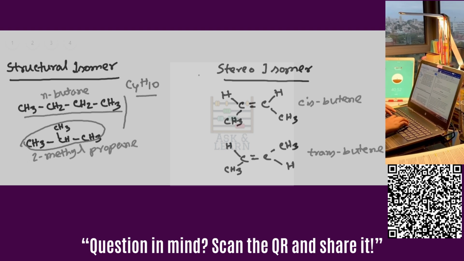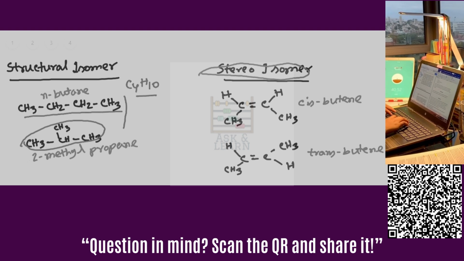Now, in the case of stereoisomers, both the compounds have the same molecular formula and also the same bonding arrangement between atoms, but they have different spatial orientation in space.